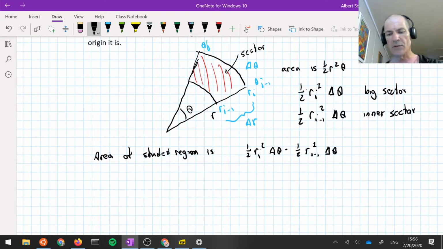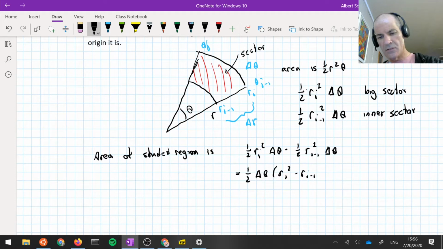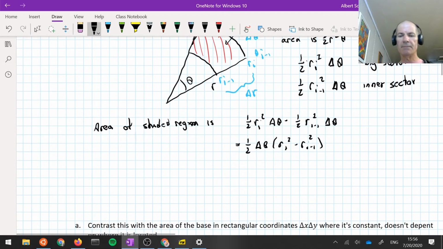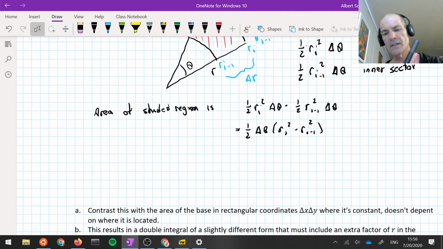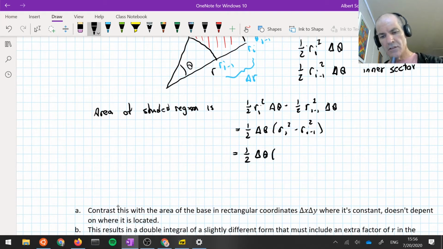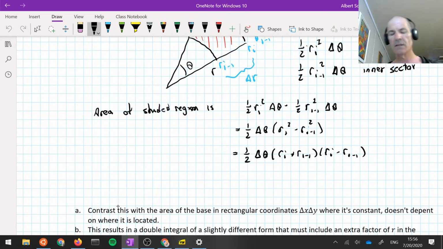We have a common factor of delta theta that we can factor out along with a 1/2. And what's left behind is r sub i squared minus r sub i minus 1 squared. That's a difference of squares, so we can change this into r sub i plus r sub i minus 1 times r sub i minus r sub i minus 1.